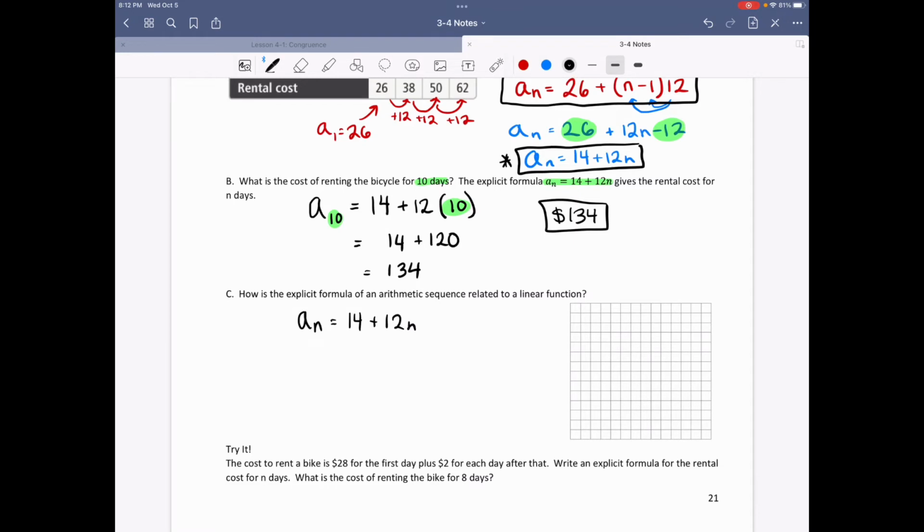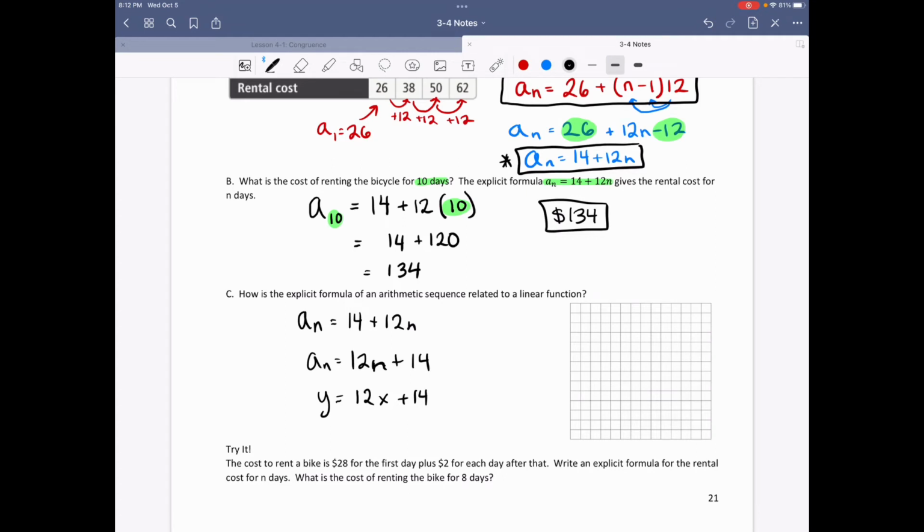We could rewrite that as 12n plus 14, and when we rewrite it like that, it really looks like y equals mx plus b. I could rewrite it as y equals 12x plus 14.